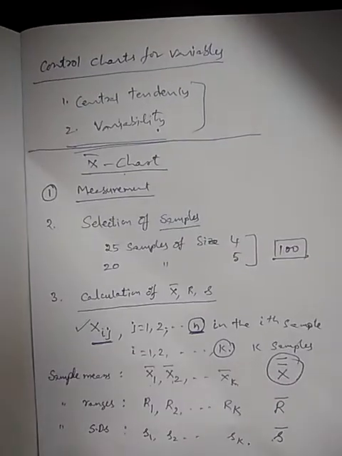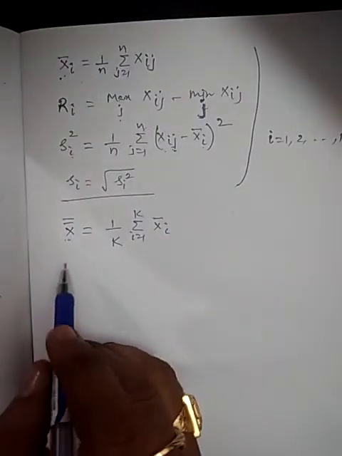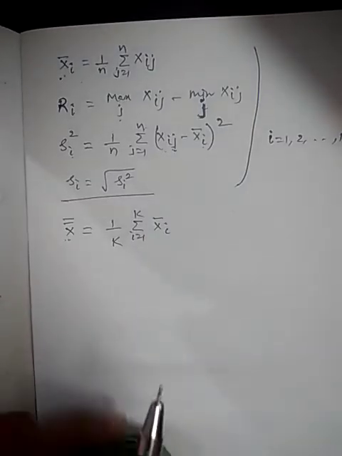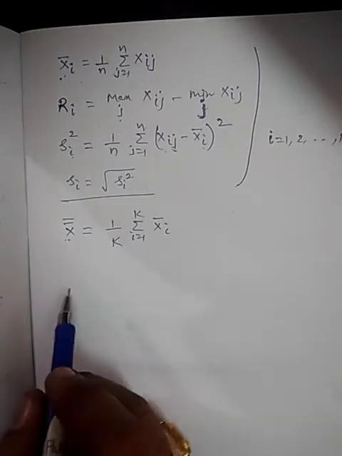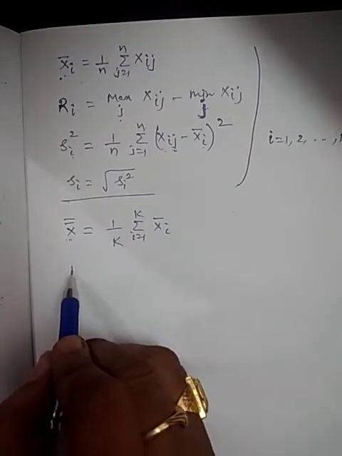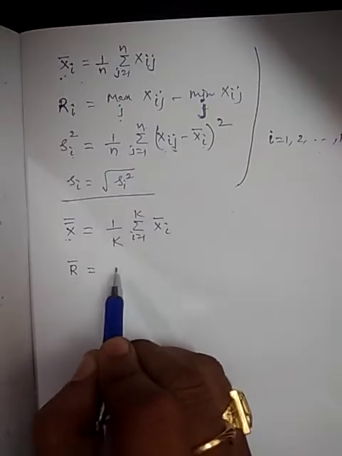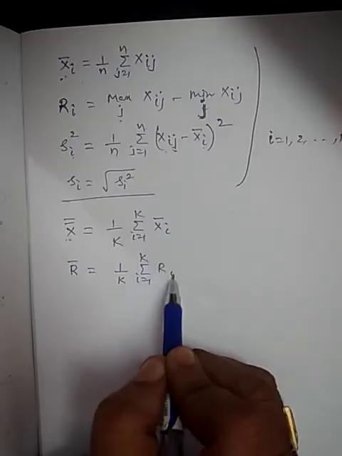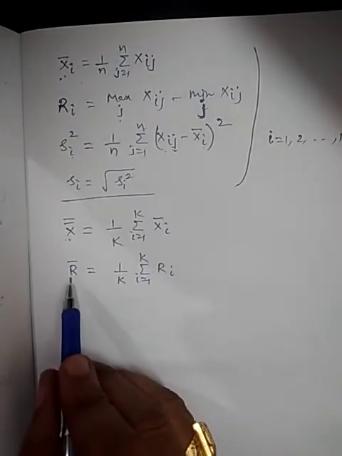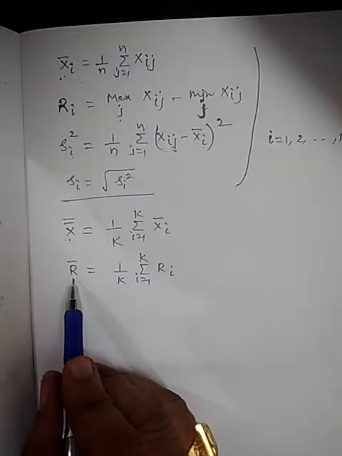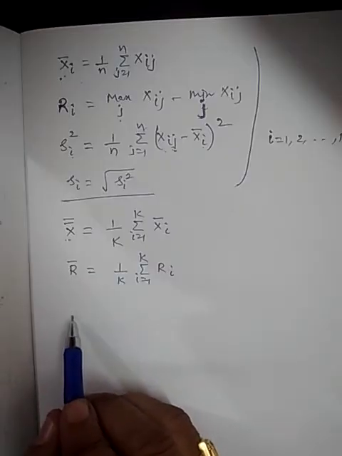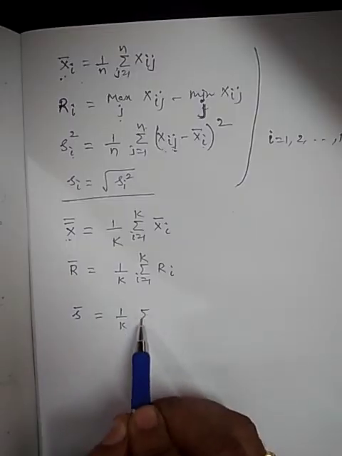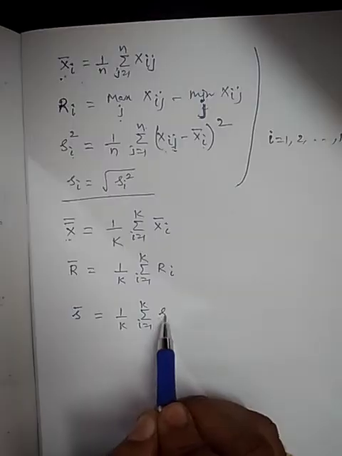So I am writing the formulas now. X double bar is equal to 1 by k summation i is equal to 1 to k x bar i. Now I calculate R bar, with the formula 1 by k summation i is equal to 1 to k Ri, the mean of all ranges Ri, i is equal to 1 to k. The mean of sample standard deviations is S bar, 1 by k summation i is equal to 1 to k Si.